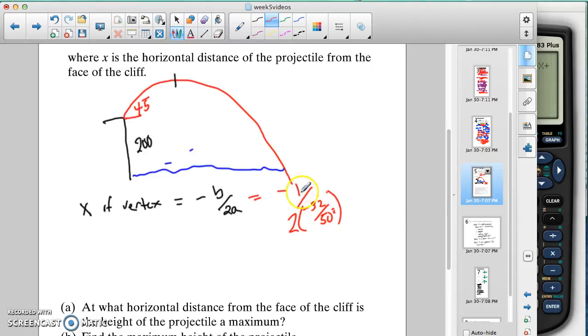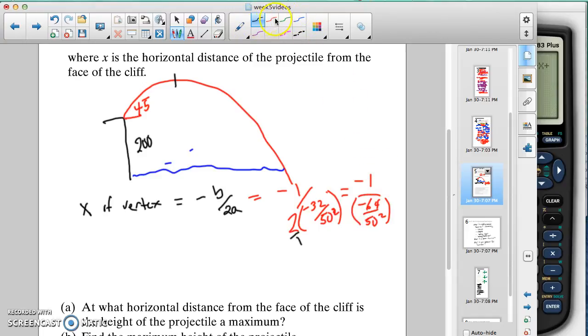Well, this is just the reciprocal of this value. So if we simplify this a little bit, we're going to have negative 1 over negative 64 over 50 squared, because this is 2 over 1, and when we multiply 2 times 32, we get negative 64.